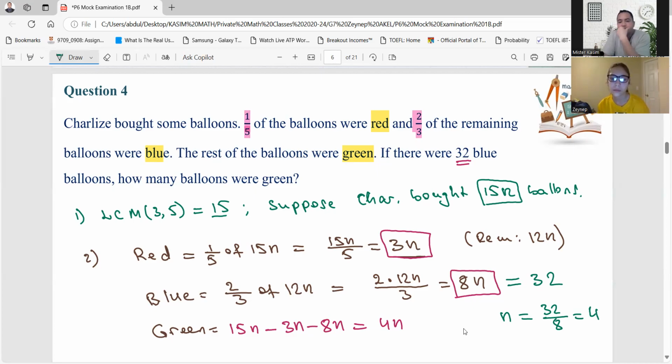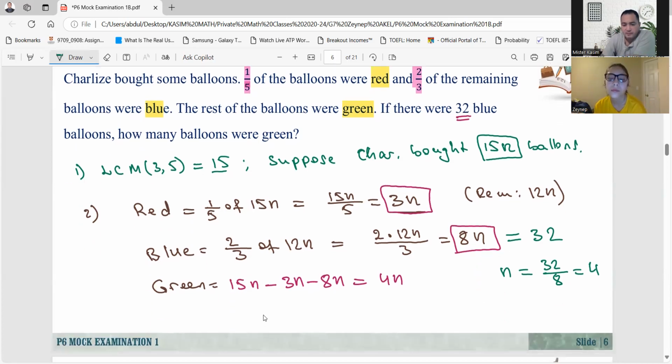What is the question? If there were 32 blue balloons, how many balloons were green? 4N, right? So green would be 4 times N. Do we know the value of N? It is 4. So it means that 16 of the balloons were green.